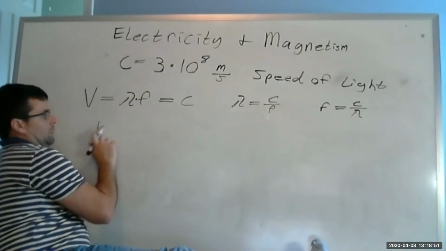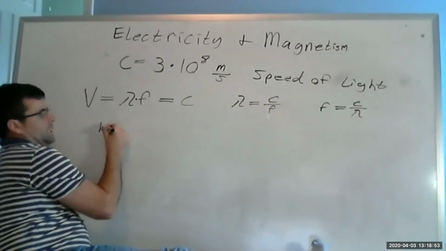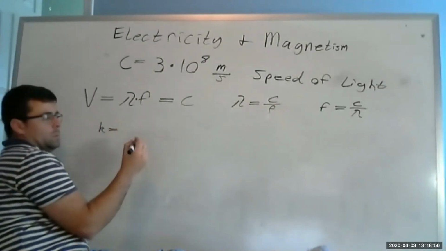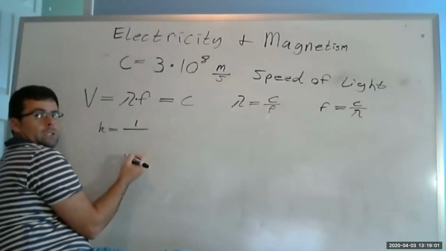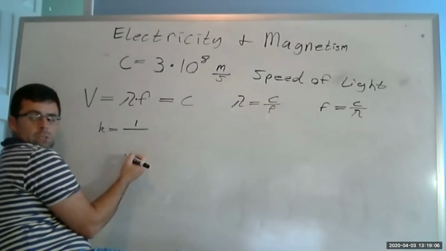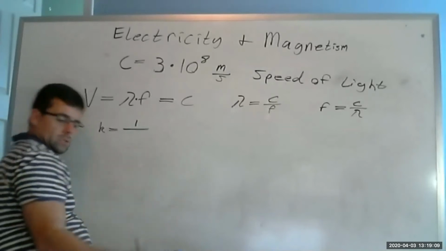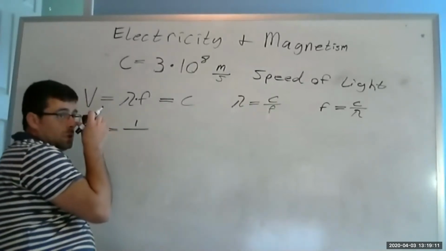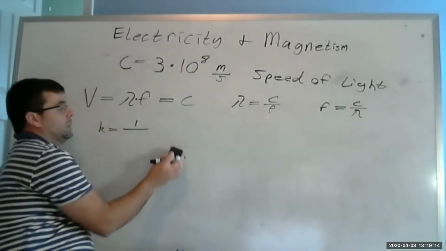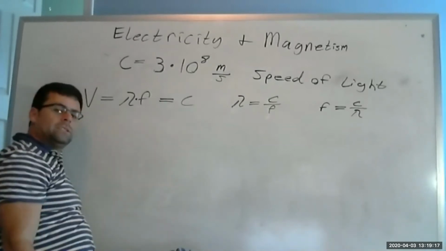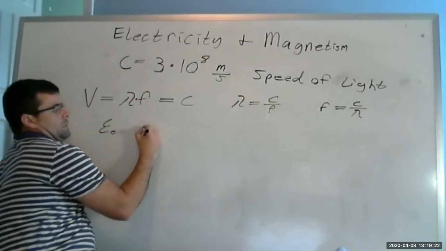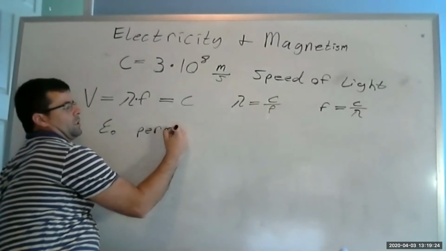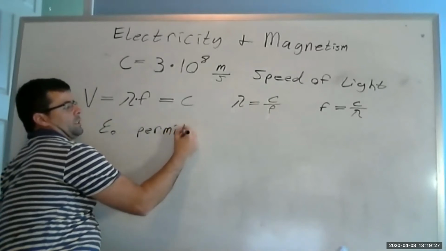So what did k equal? 1 over 4 pi epsilon naught. Yeah, epsilon naught. The Coulomb constant, with a value of 9 times 10 to the 9th.